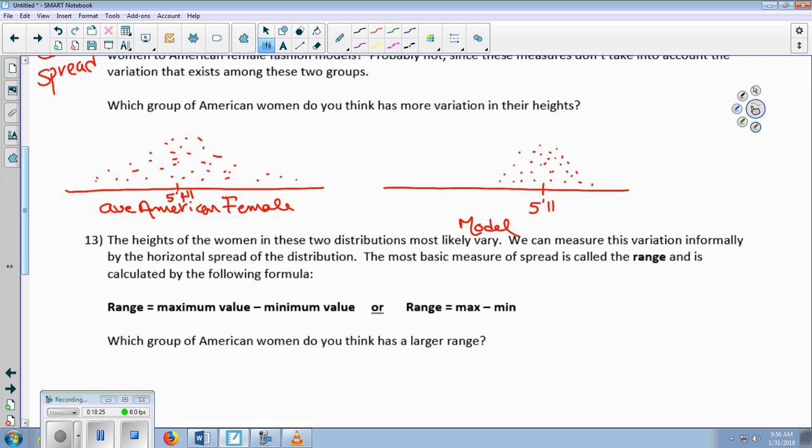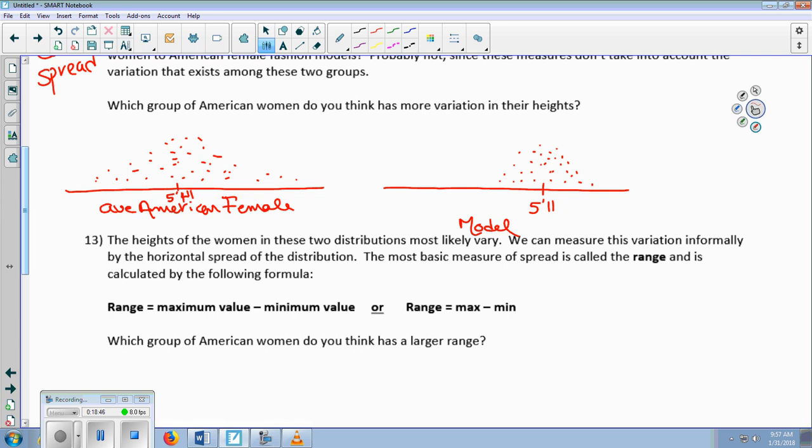So that would be another key piece we're going to want to look at, is how spread out is the data? How far away are your observations from the mean? The first type of spread is definitely the easiest type of spread to calculate.